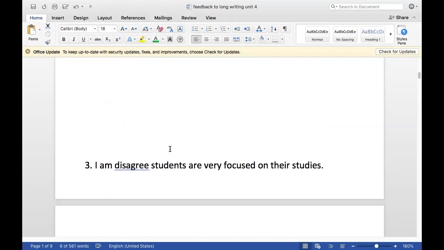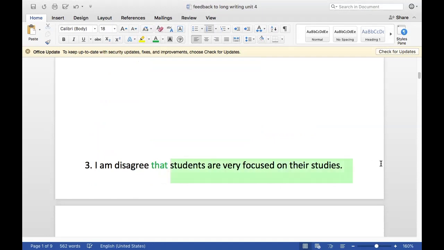Number 3, I am disagree. Students are very focused on their studies. You disagree with this idea, okay? You disagree that, after this is a clause.